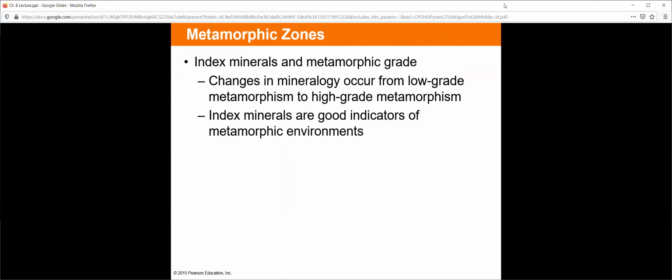Within the metamorphic rocks we talked about before, we can have index minerals, such as, again, the garnet with the schist, that are good indicators of the metamorphic environment, because, again, rocks are not uniform. Rocks are not this big clump of only this one particular mineral, for example.